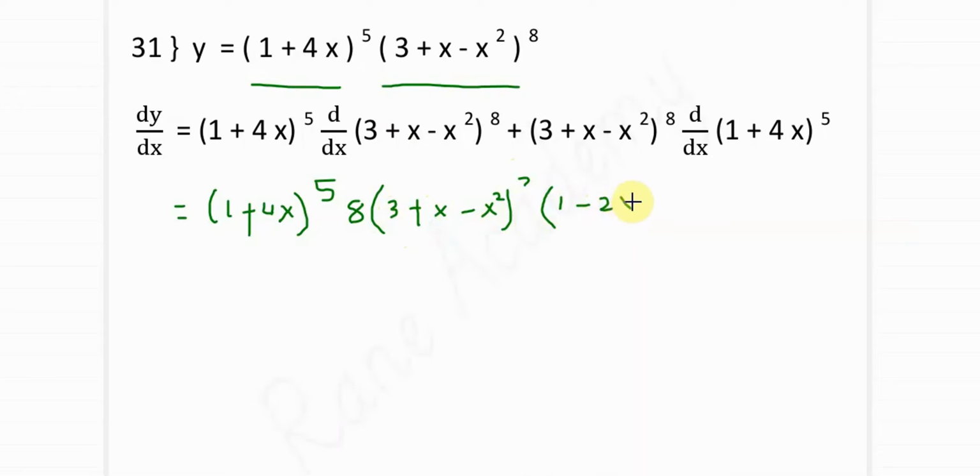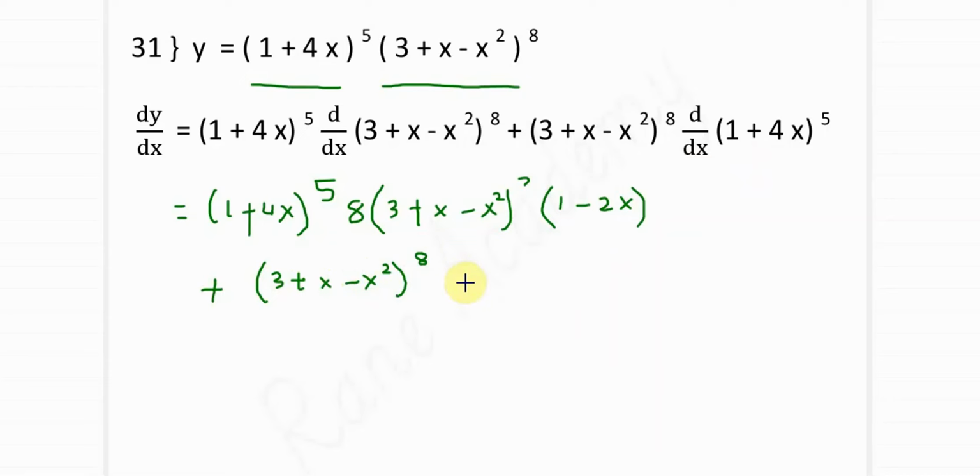So we differentiate the outermost function, and now we are differentiating the inner function. Then we write plus, then second function we write as it is, that is 3 plus x minus x square whole raised to 8, and now we differentiate the function 1 plus 4x whole raised to 5.